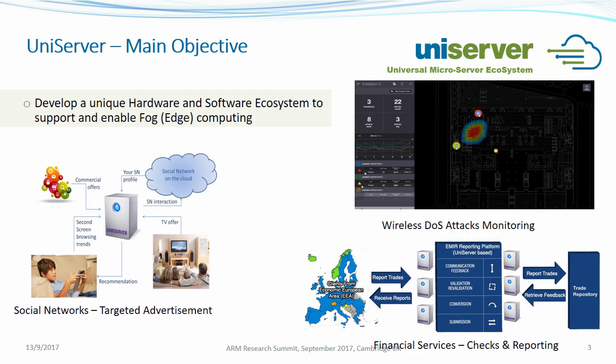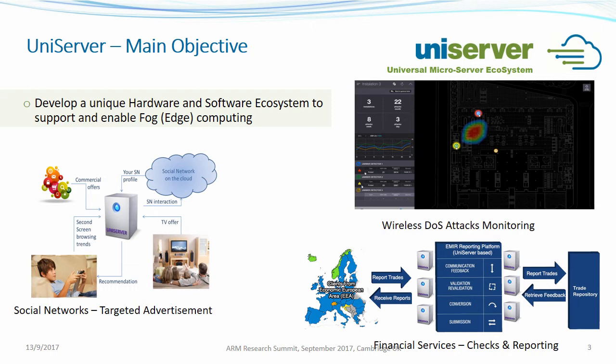It is a full stack approach which is driven by 3 applications from application partners. One of them is targeted advertisement, which is actually analytics on social networks. The other one is a fintech application which does checks and reporting on financial transactions. And the third one, I'm going to stay a bit more on because I'm going to use it in a couple of the examples, is distributed denial of service attacks monitoring.